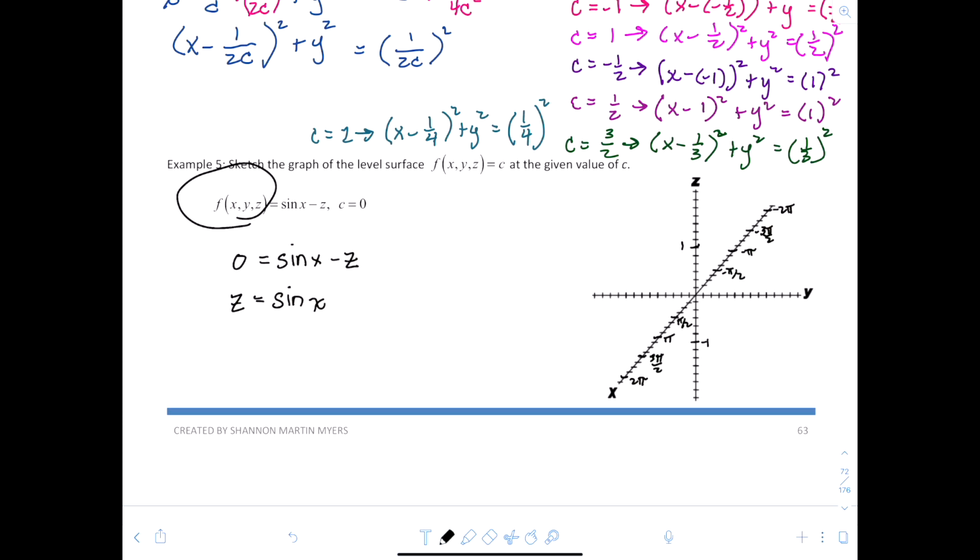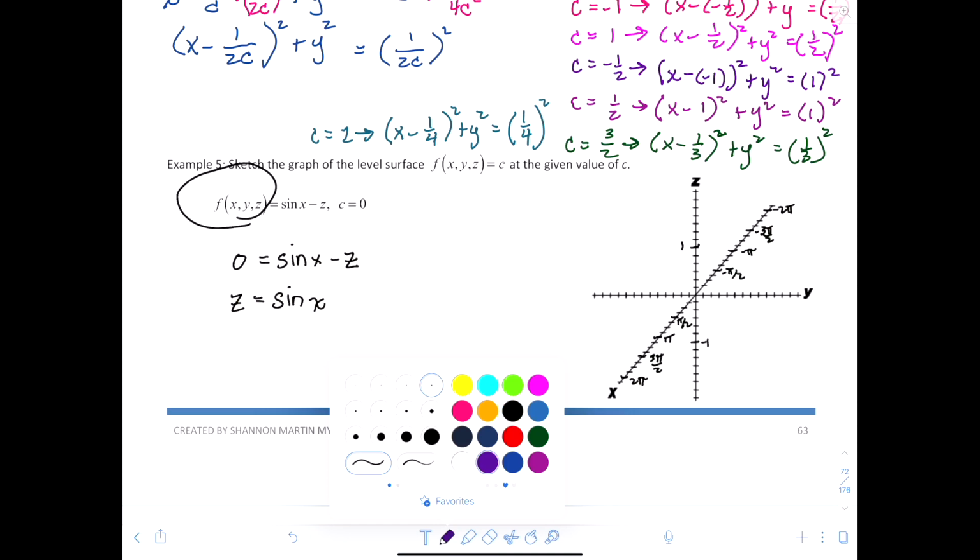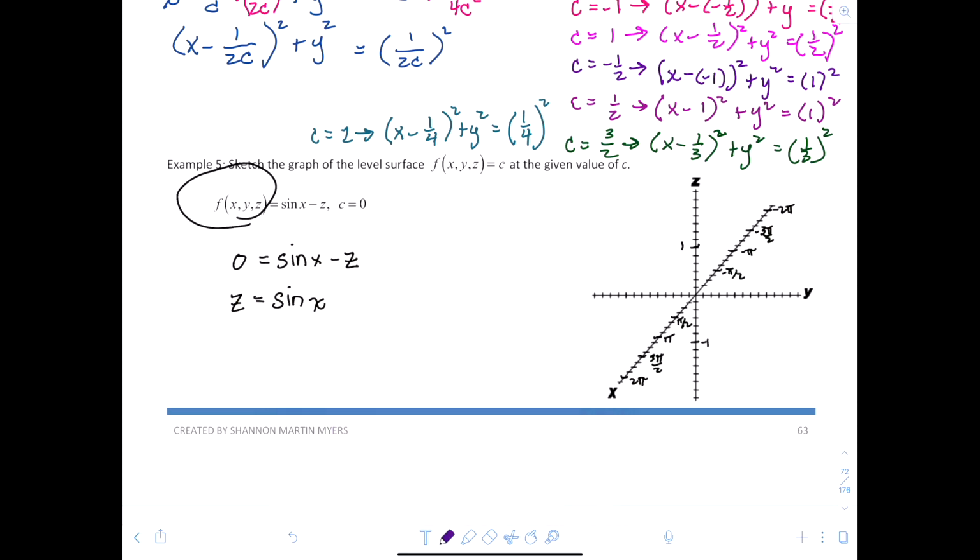All right, so we're graphing this in the xz plane. So when we do so, sine of 0 is 0, right? Oh, and actually, the y is going to vary. So sine of 0 is 0. Sine of pi over 2 gives us 1.